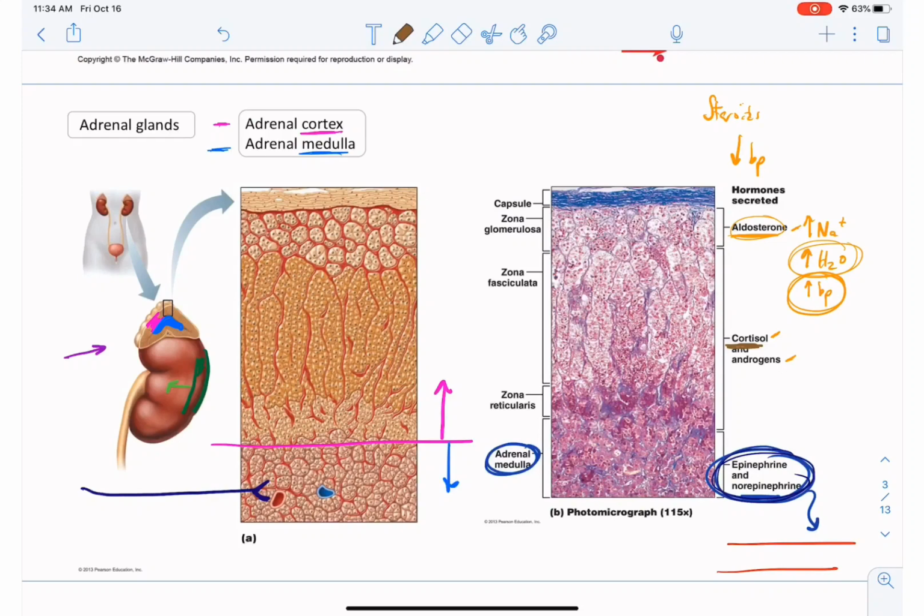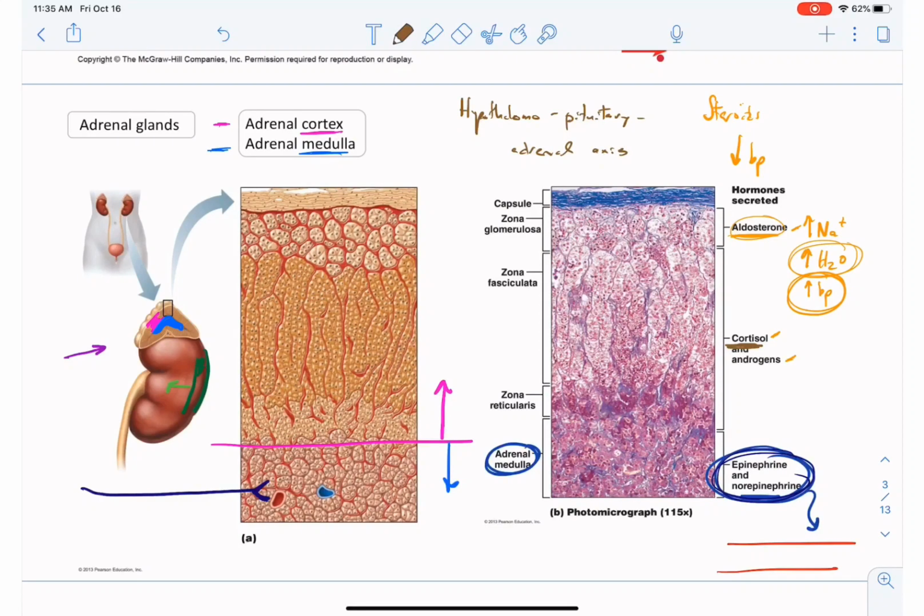Now, the release of cortisol from the adrenal cortex is under the control of an endocrine axis. Specifically, it's under the control of the hypothalamo-pituitary-adrenal axis.